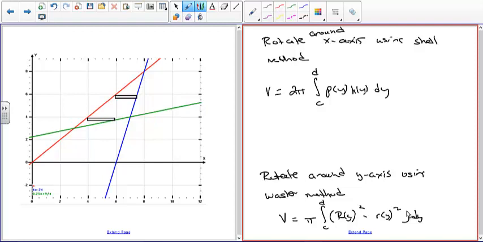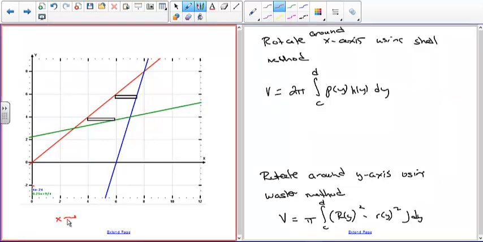And we've already figured out the equations, so I'm going to write them down here in different colors. So the red curve is x equals y. The blue curve is x equals y over 4 plus 6. Is that right?